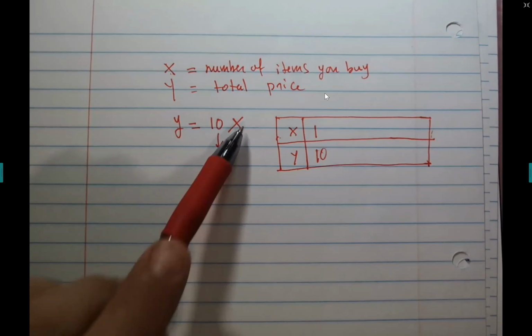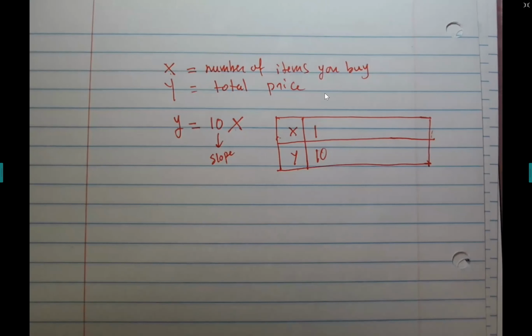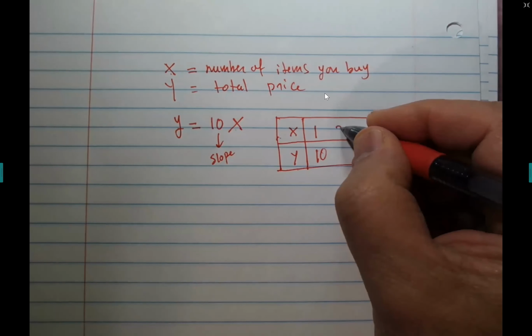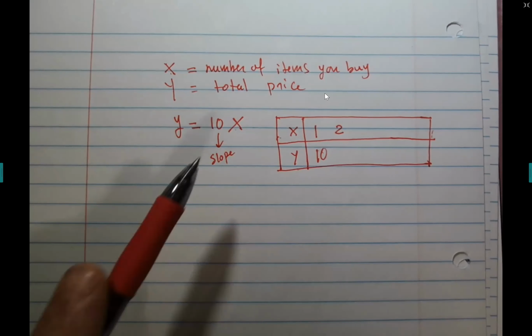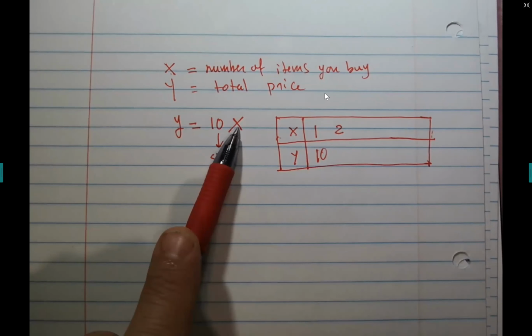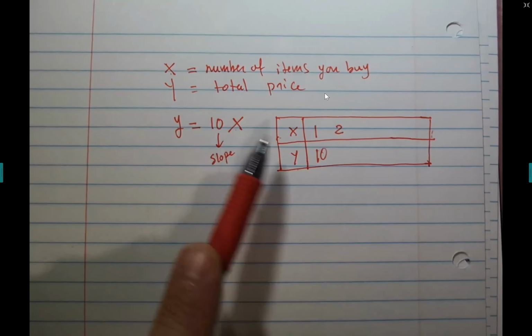Because 10 times 1 is 10. If x is 2, what would be y? 5 or 20? 20. When you put x equals 2, 10 times 2 will be what? 20.